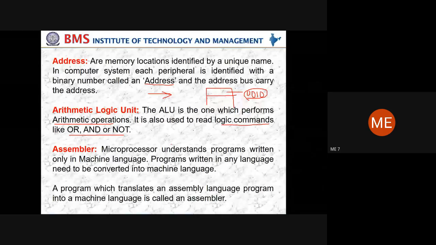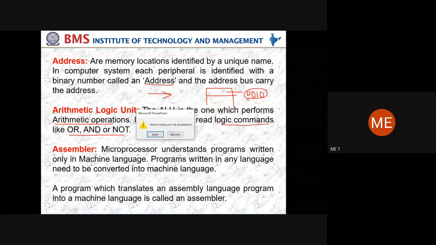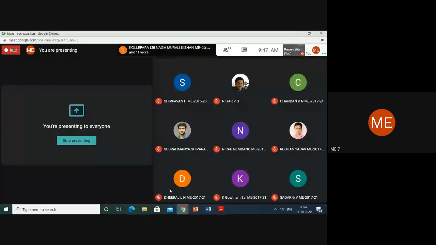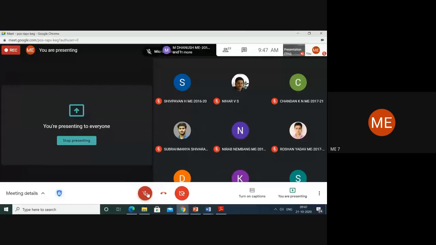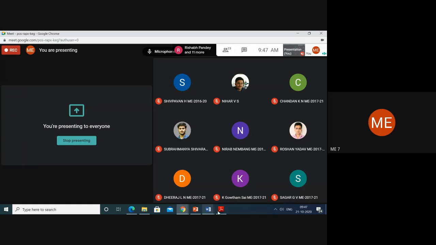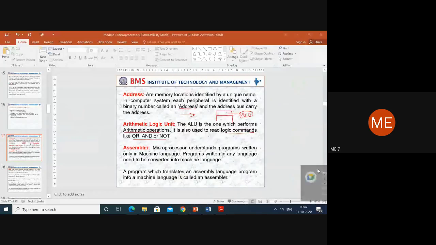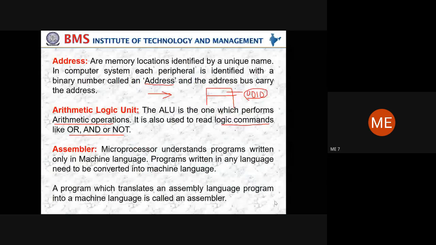So machine level language. This is the case of the assembler. The microprocessor understands programs written only in the machine language.